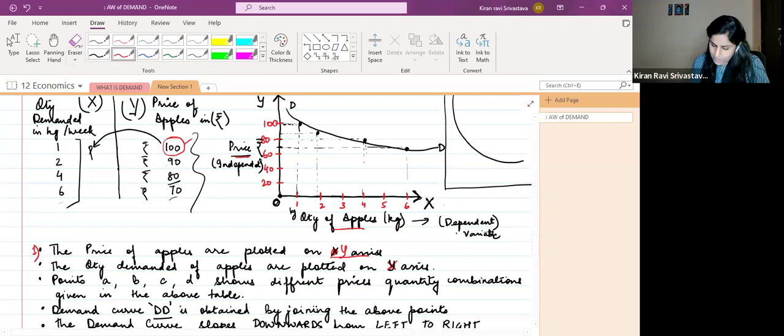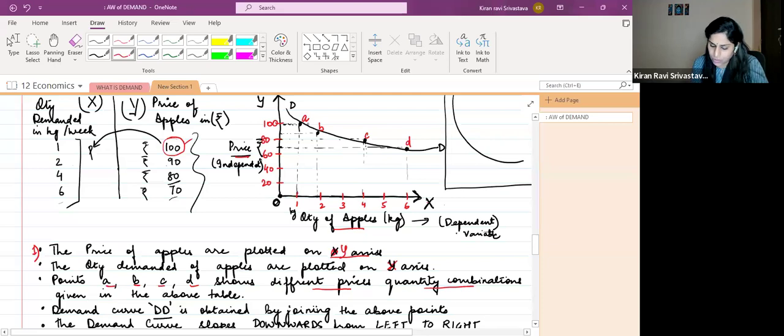Points A, B, C, D. The points A, B, C, and D show different price and quantity combinations given in the above table.